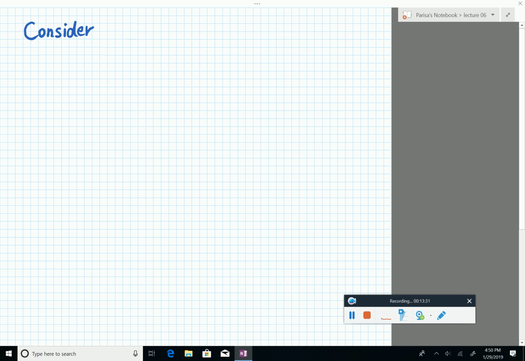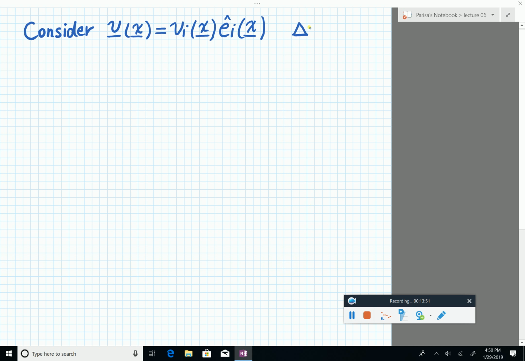So now consider having a vector valued function of points, and I write it like this. So the question is, now how do we get, in terms of coordinates, the gradient of V?